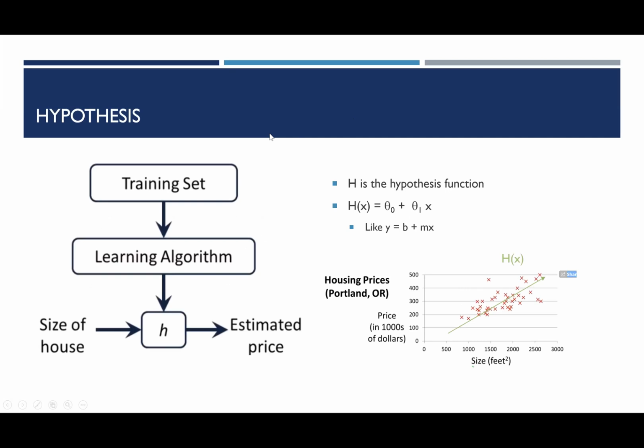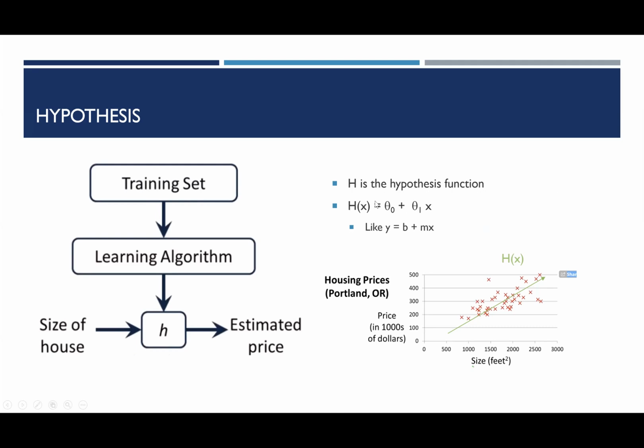So what is a hypothesis? A hypothesis function is what is produced by the learning algorithm to help classify your data. A training set is used in your learning algorithm, or in the linear regression, in order to induce this hypothesis.